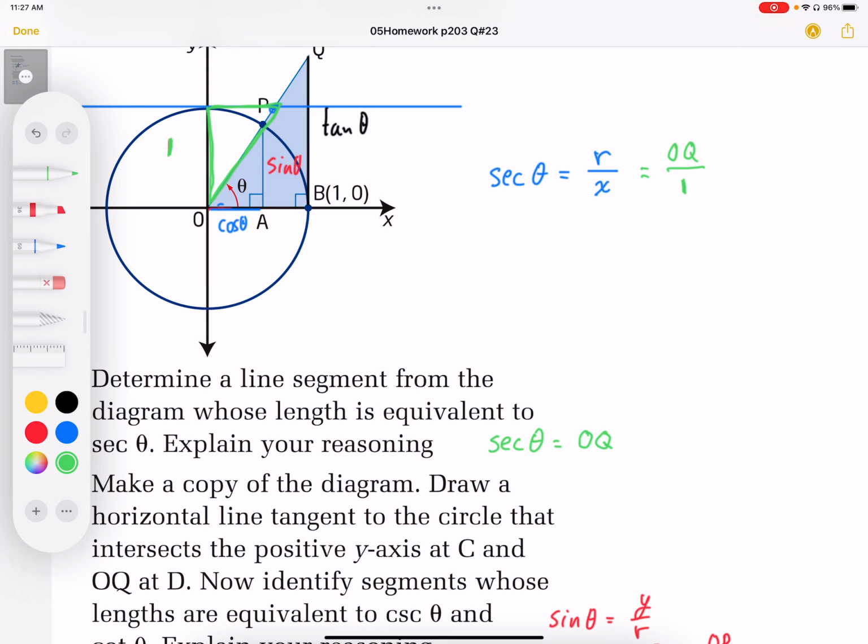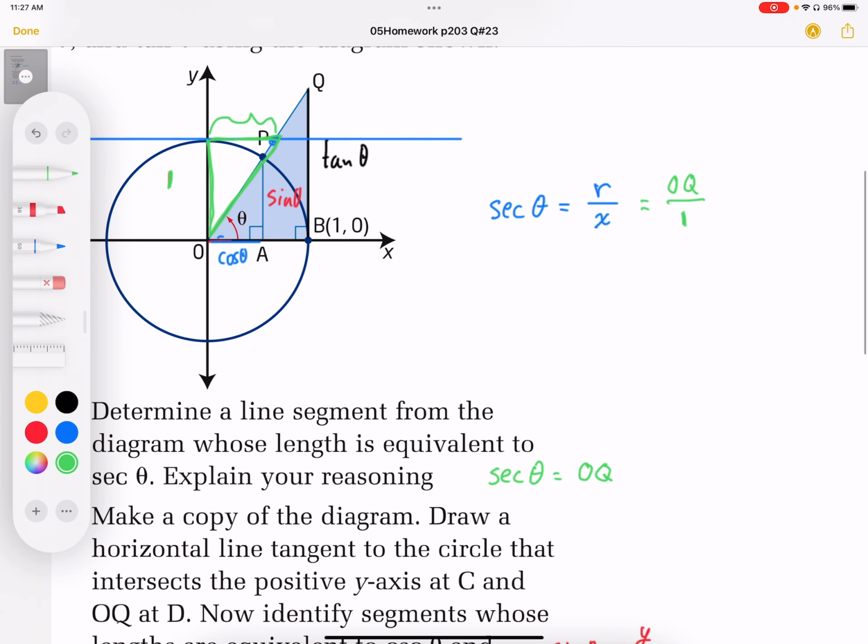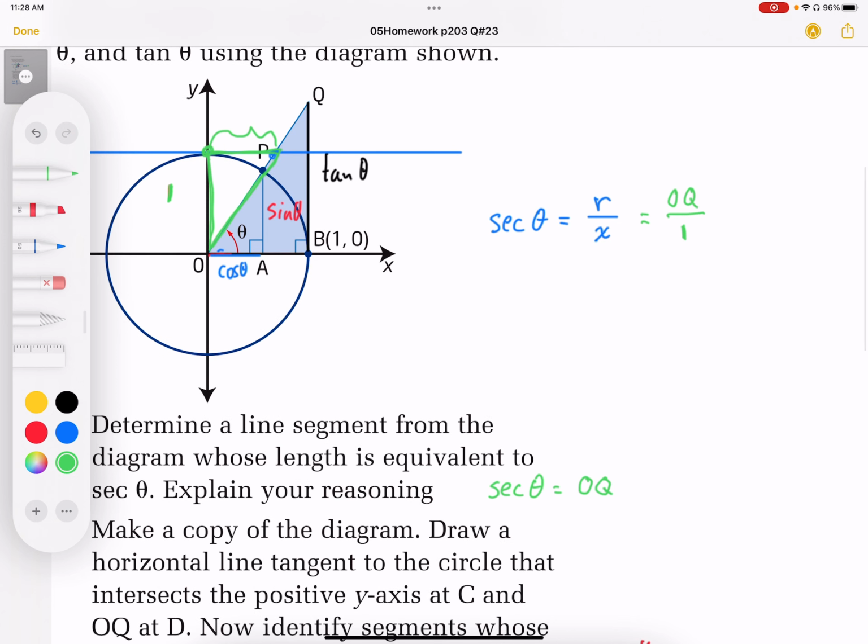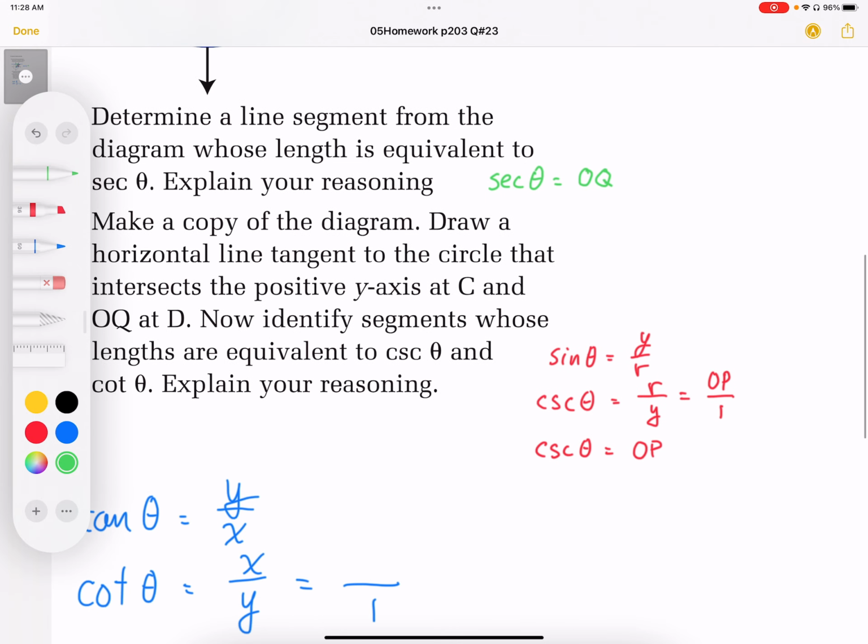Well, then if that's the case, then this value here, it's not the x coordinate. We don't want to mix things up. It's a horizontal value. This horizontal value must be the run. And so that distance from that point right here to P, and maybe I'm going to have to label that point, let's call that R. That distance from R to P then must be the piece that I want for that triangle.